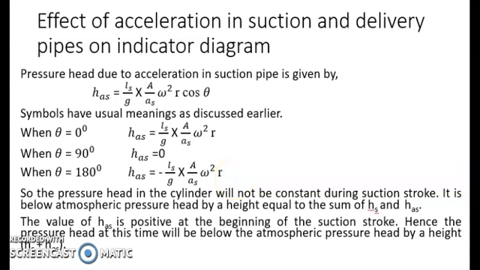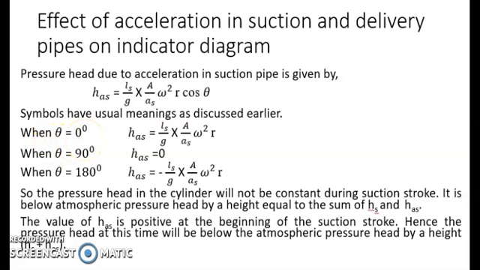So the pressure head in the cylinder will not be constant during suction stroke. It is below atmospheric pressure head by a height equal to the sum of h_s and h_as. The value of h_as is positive at the beginning of the suction stroke. You can see that the value of h_as is positive when theta is equal to 0 degree.